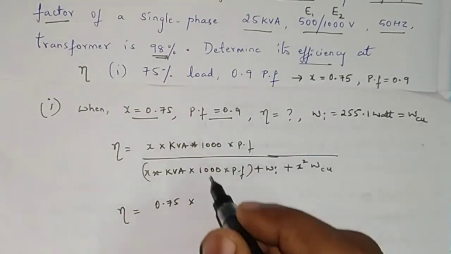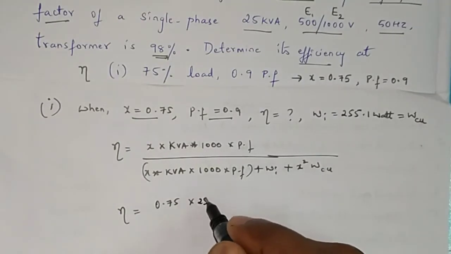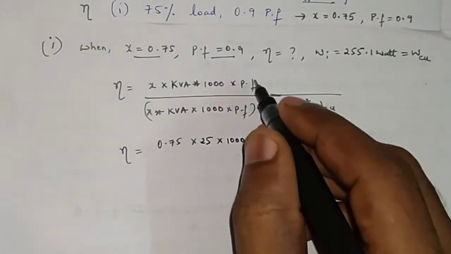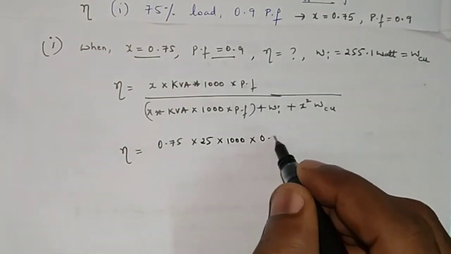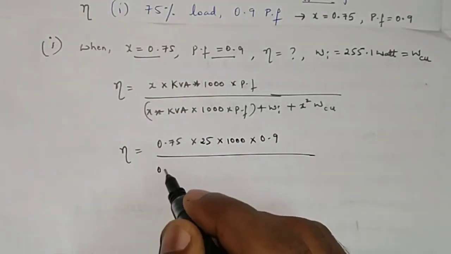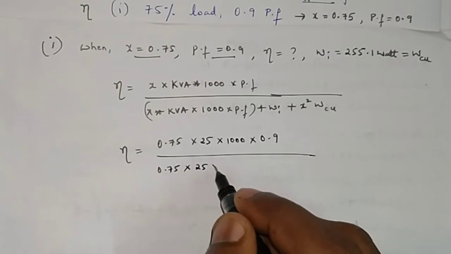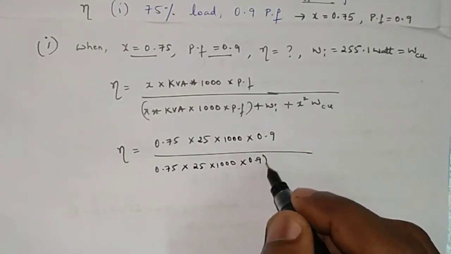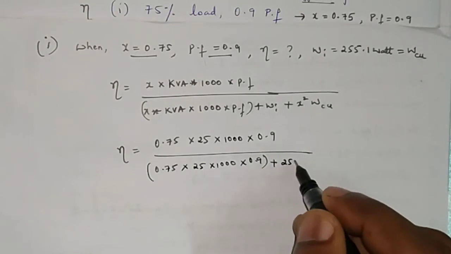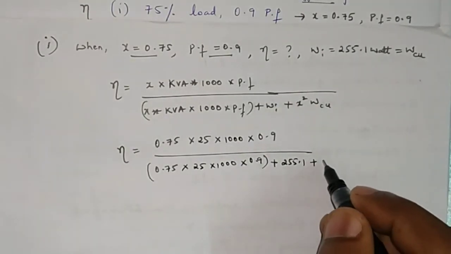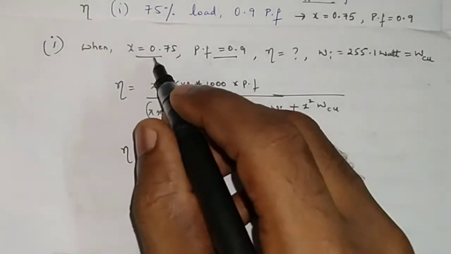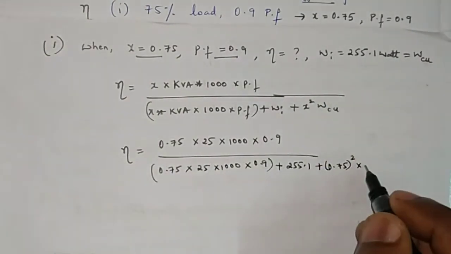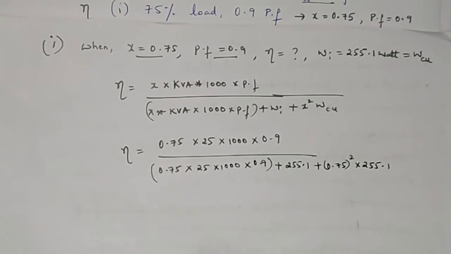Now substitute the value for power, that is 25, which is constant for this problem, into 1000, into power factor for this case 0.9, divided by, once again load 0.75 into 25 into 1000 into power factor 0.9, plus iron loss 255.1 plus x square, that is 0.75 square, into copper loss 255.1.